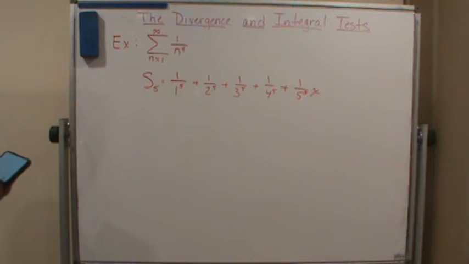Okay, so I got 1 plus 1 over 3 to the 5th plus 1 divided by 4 to the 5th plus 1 divided by 5 to the 5th, and I get 1.03666.